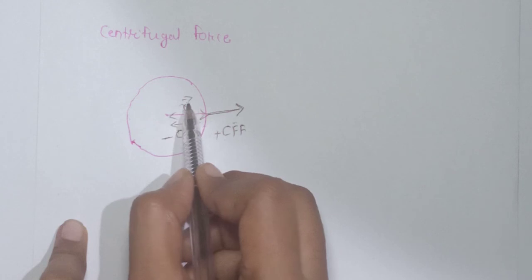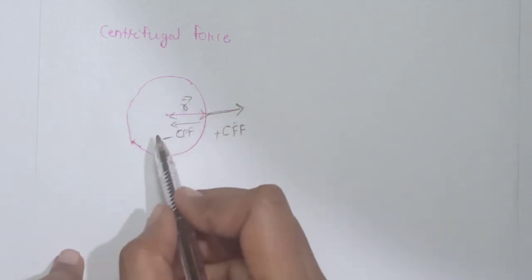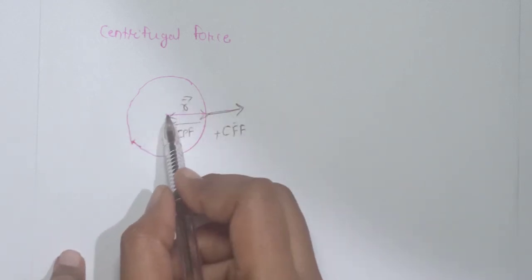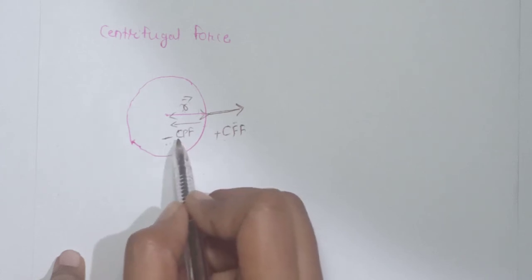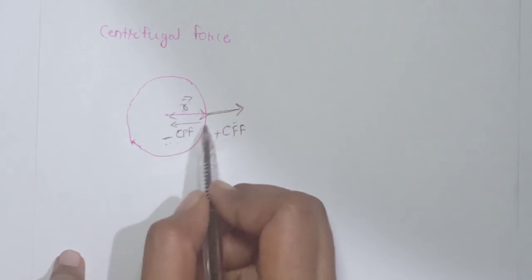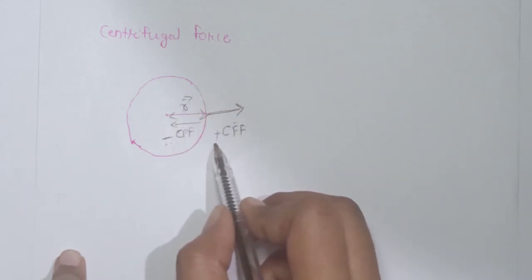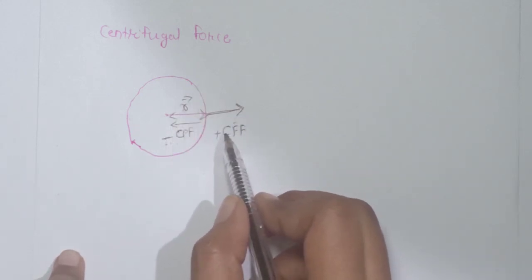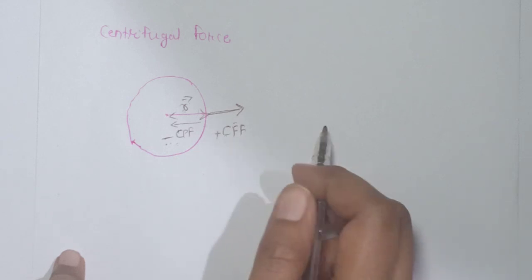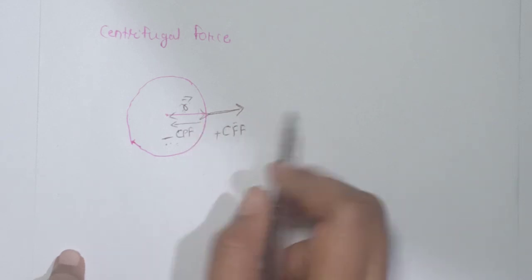As vector r is away from the center of the circle, the negative sign is given to centripetal force because it is opposite to vector r, and the positive sign is given to CFF because it is along vector r.